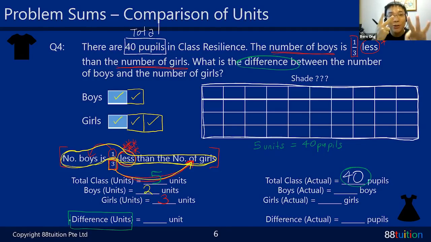So 3 minus 2, yes, Navini, is 1 unit. You are right again. All right, 1 unit. So you must go and find the 1 unit here. If 5 units is 40, 1 unit will be 40 divided by 5, which gives you 8 pupils. And 8 pupils will be your answer.